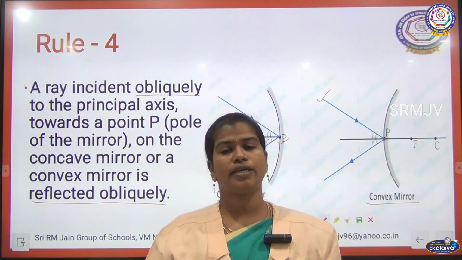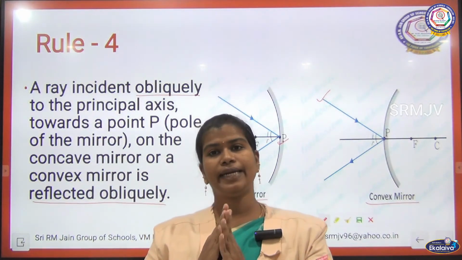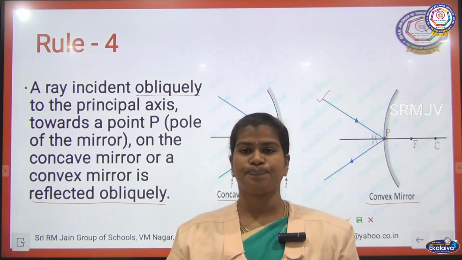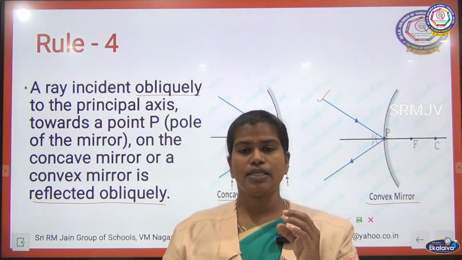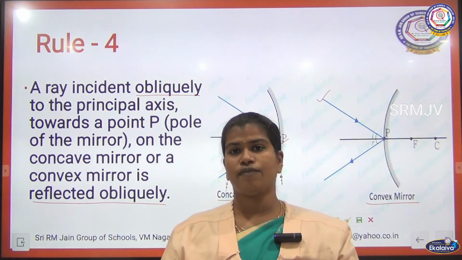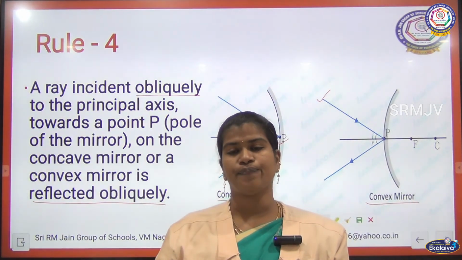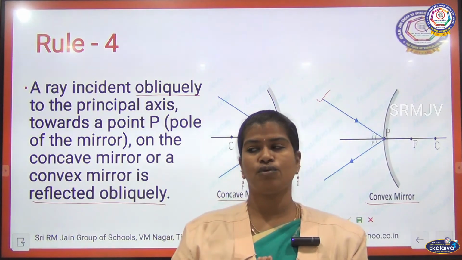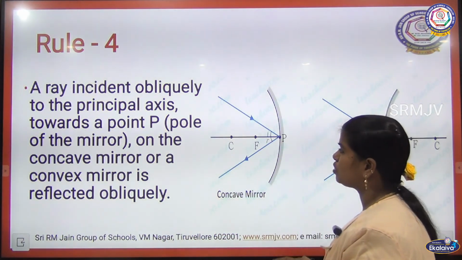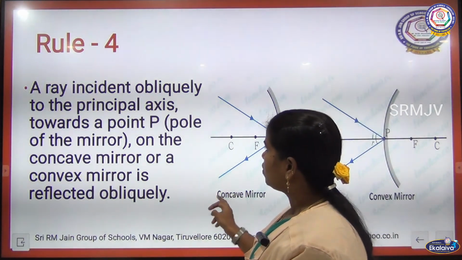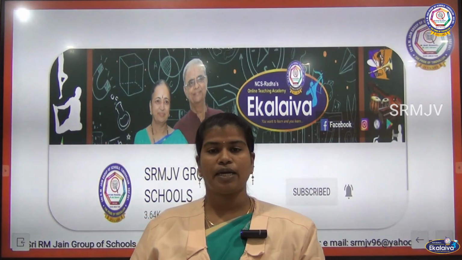And the third rule states that if the ray passes through the center of curvature, it takes back its own path. And the fourth rule, if the ray incidents obliquely to the pole of a particular mirror, it will be reflected back obliquely. Okay. So by using these 4 rules, we are going to draw ray diagrams in our next session. Okay. So that's all about the rules. We'll continue the remaining in our next class.